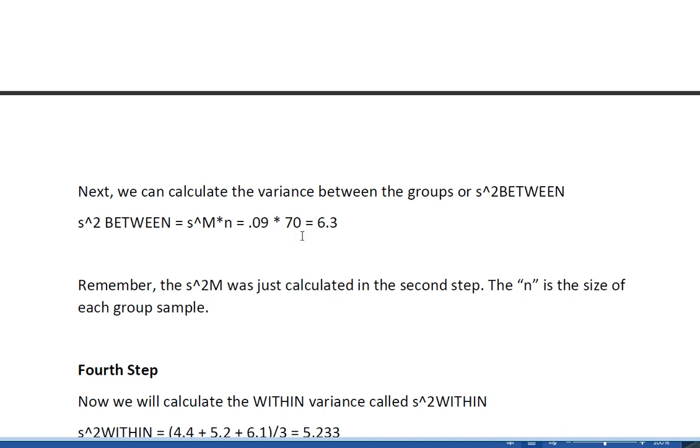All of our samples are the same size, but if they weren't, you could use the average sample size. But each of our samples is the same, so we're lucky there. And we'll multiply that value by 70, our individual sample size, and that gives us our variance between, which is 6.3 in this case.